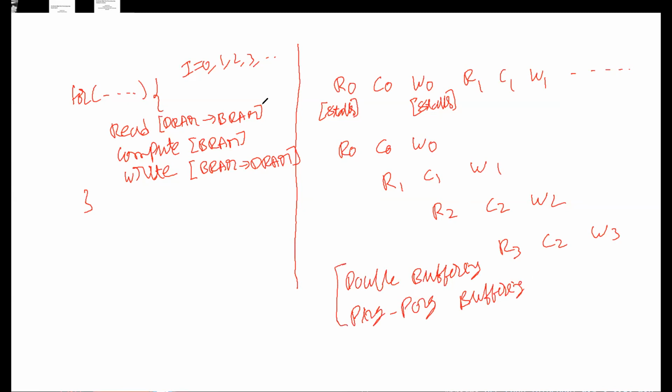So you bring the data from DRAM to VRAM and do compute, and you do the write. If you're not clever in your design, most of the time your system is idle, it is stalling. On the contrary, you have to modify your design in such a way that the consecutive iterations overlap with each other.